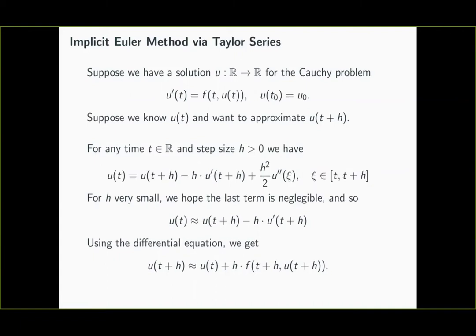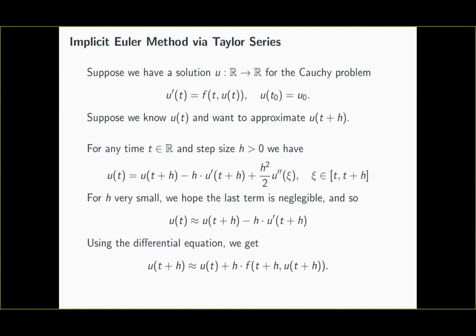And finally, let's not forget about the Taylor series. For any time t, any step size h, we can take the first order Taylor polynomial of u around the time t plus h, and then use the Taylor theorem to get an expression for u of t.